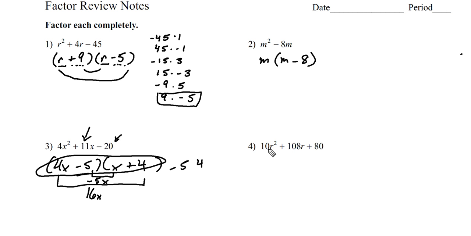However, one thing that we can tell is that it's not going to be 10. 10 is not going to be the greatest common factor because 108 isn't divisible by 10. Other options would be 5, but once again, 108, that's not going to work. So we're going to factor out a 2 from this quantity, and we're going to have 5r squared plus 54r plus 40 remaining.